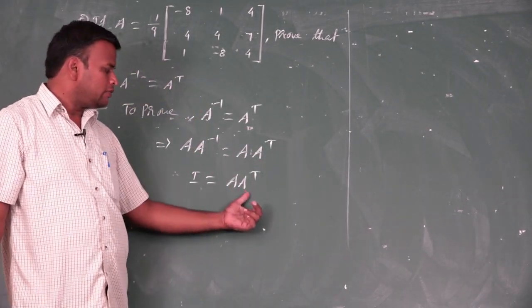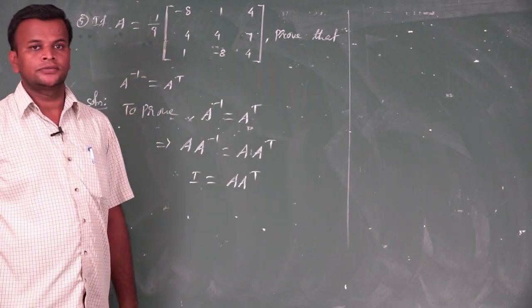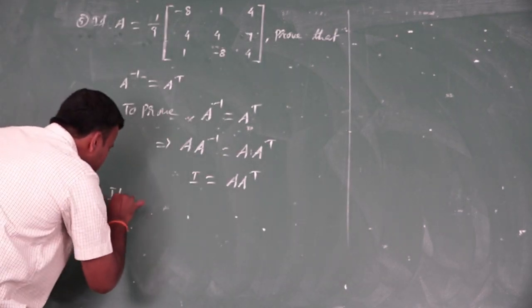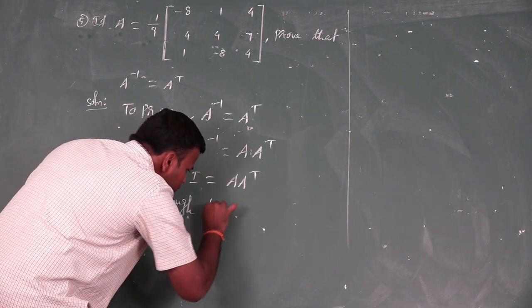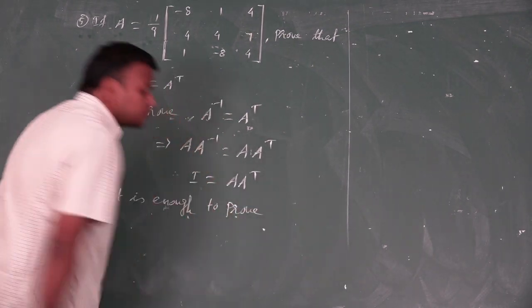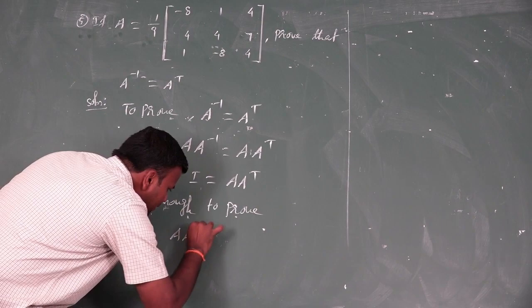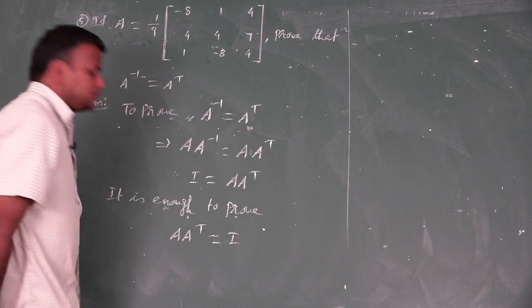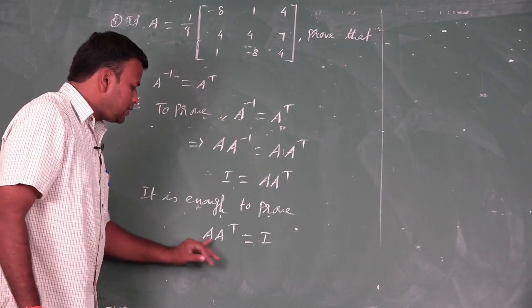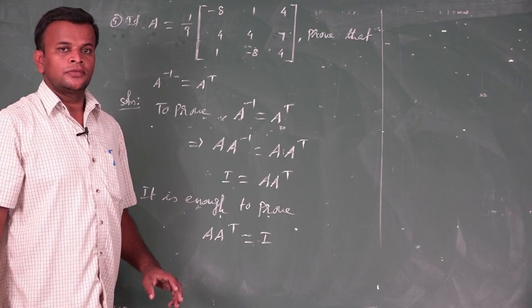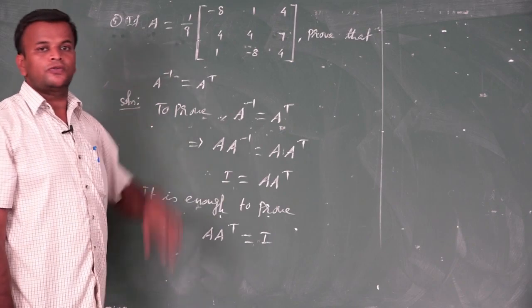We multiply A and A inverse, and that value will come as I. It is enough to prove A into A transpose is I. So A inverse is equal to A transpose is the same as A into A transpose is equal to I. Suppose we prove A into A transpose comes exactly I, then the given statement is also proved.